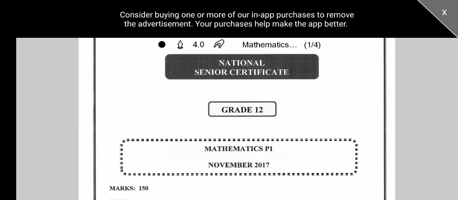I've been receiving texts from a lot of students in need of my assistance for the matric final exam preparations. Since I'm also a student, I have my own exam preps to do.